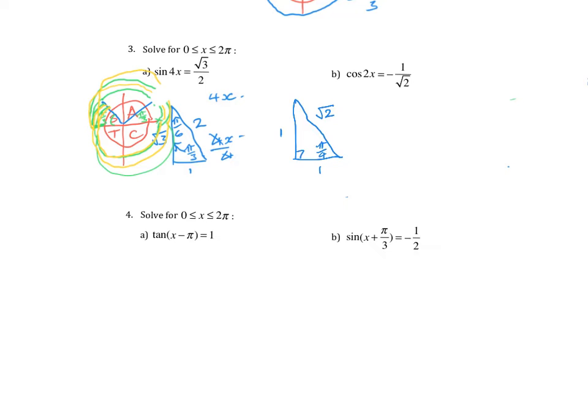Okay. And I notice cos is negative, so as far as the unit circle is concerned, ASTC, my lines are going to be in the negative quadrants for cos, which is S and T, and according to our exact value triangle, my acute angle is pi on 4.